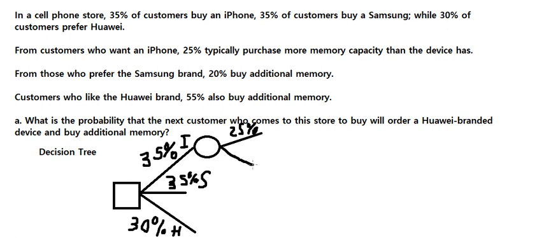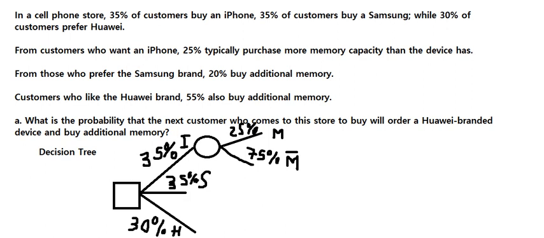In this one we have 1 minus 25%, that is 75%, who don't use additional memory. So I will put M for additional, and M bar for none.